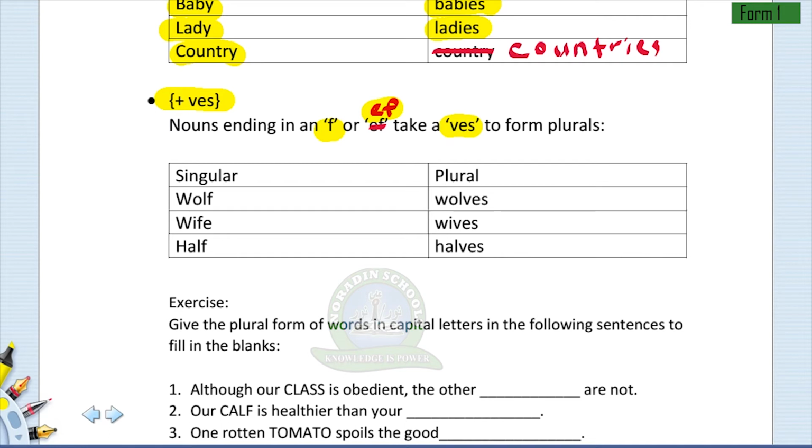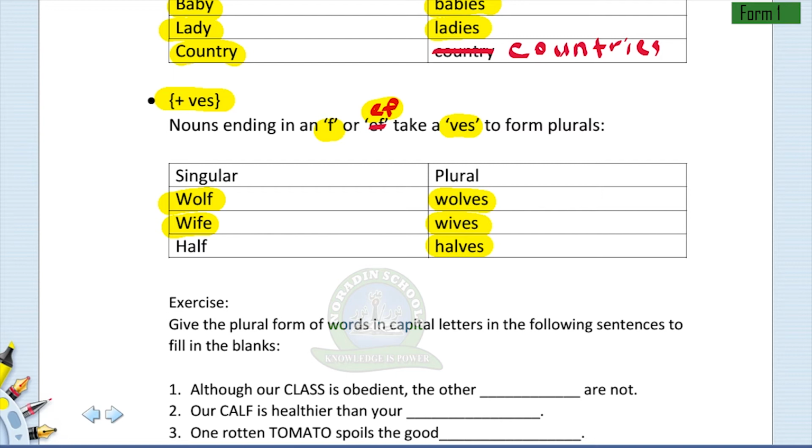For example, wolf, wolves. Now the word wolf ends with f. So we change this f to ves. So it becomes wolves. Wife, this word ends with fe. Then it becomes wives. Half becomes halves. We change the f to ves.